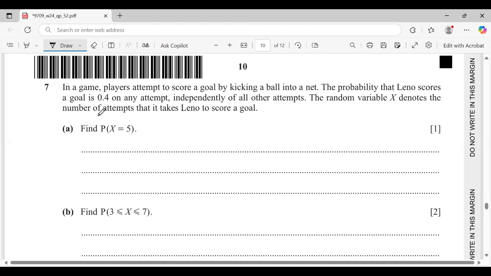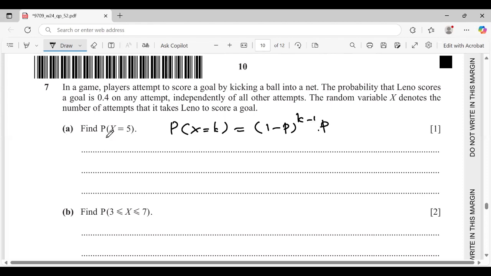This question is a geometric distribution problem. And the geometric distribution formula is the probability x equals k equals (1 minus p) to the power k minus 1 times p. Sometimes we write this as p times q to the power k minus 1.